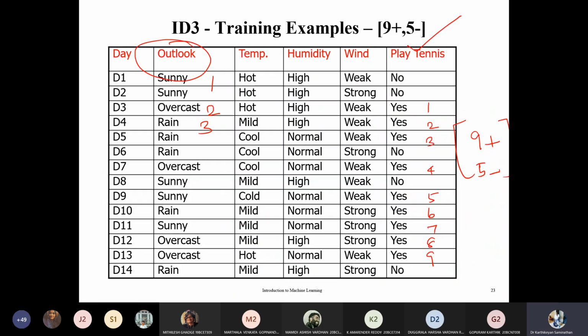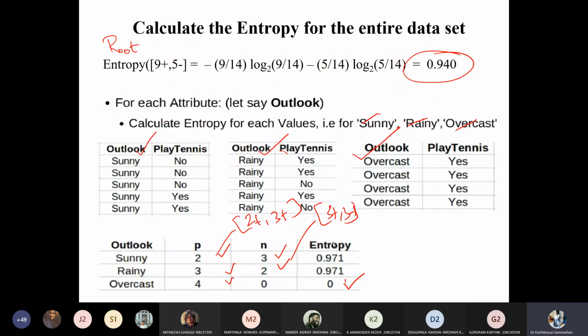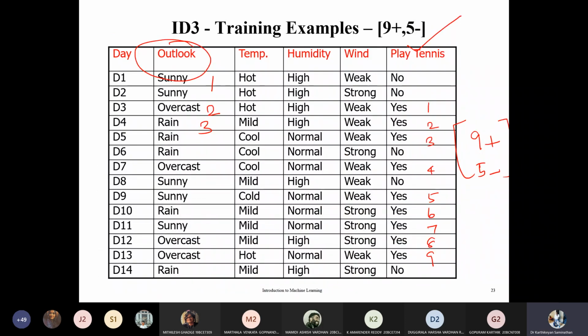Now, I have given another example here; the same way you can check it out. The table is given. Take how many positive and negative test cases there are, based on yes or no. Yes is 1, 2, 3 up to 9, so 9. No is 5.